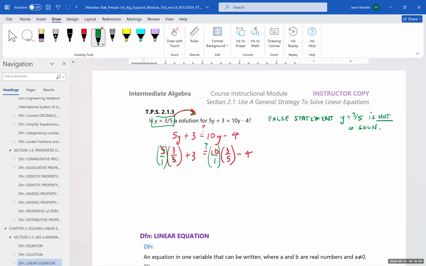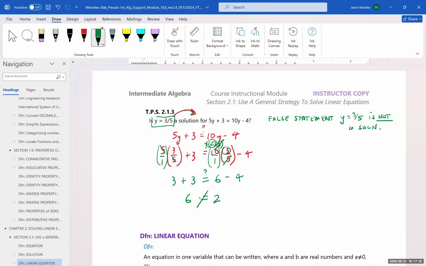So the 5s will cancel, leaving us with just 3. And again, 10, we can write as 2 times 5. The 5s will cancel, leaving us with just 2 times 3, which is 6. 3 plus 3 is 6. 6 minus 4 is 2.